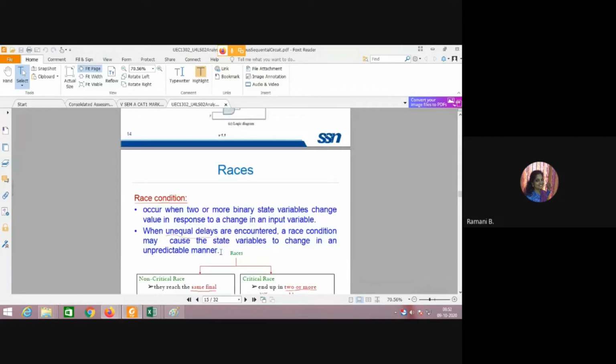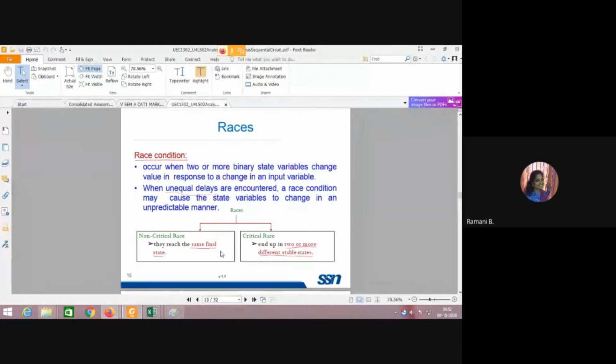Then we saw the race conditions, the different types of races in the asynchronous sequential circuit: critical race and non-critical race. The critical races are to be removed from the circuit, otherwise we will end up with many errors because it will be moving to different stable state values. So we saw that there.